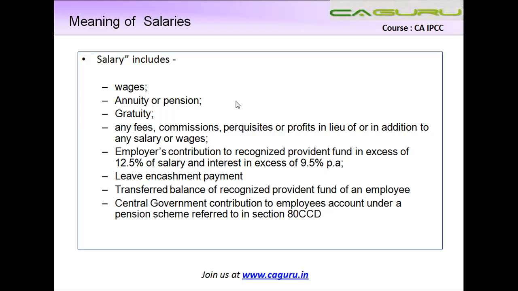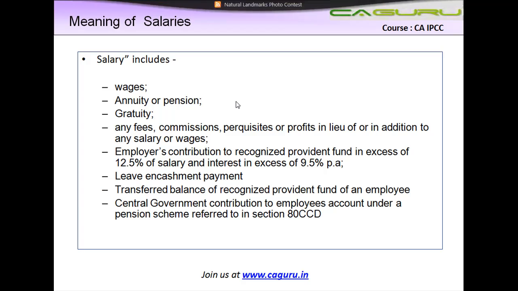So that is received from an employer. Again, if the employer pays any pension to the employee, it is taxed under the head income from salaries. And we are going to see all these in detail as we move on.